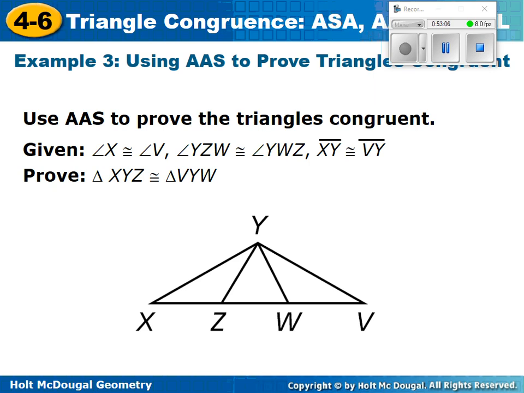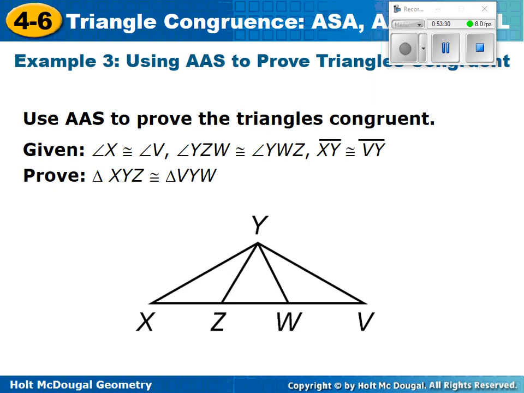So now I'm going to mark that in my picture. XZY is congruent to VWY. Now when I look at my picture, do I have three things marked congruent? What are my three things? Good. Angle, angle. It is not the one in between them that's marked, so it's not angle, side, angle.